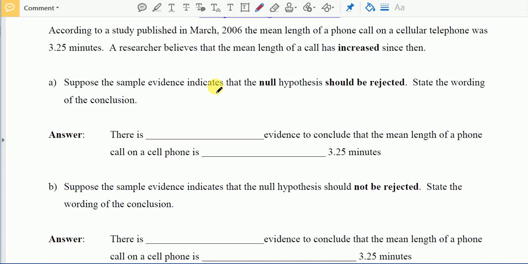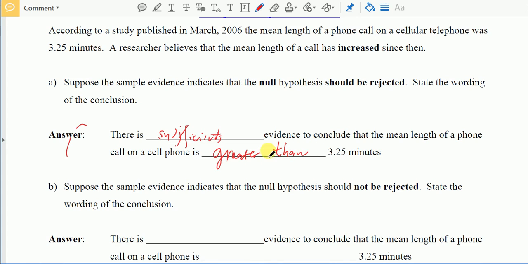If the evidence indicates that we should reject the null hypothesis, that means there is sufficient data or evidence to conclude that the mean length of a phone call on a cell phone is greater than 3.25, because we suggest that it's increasing.